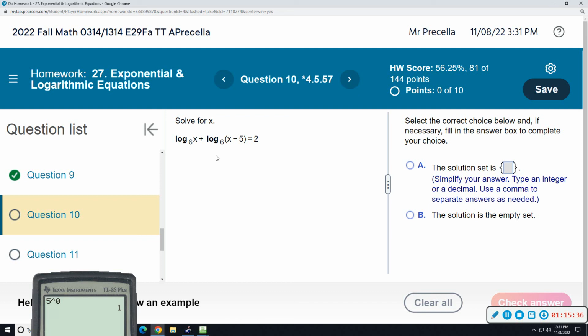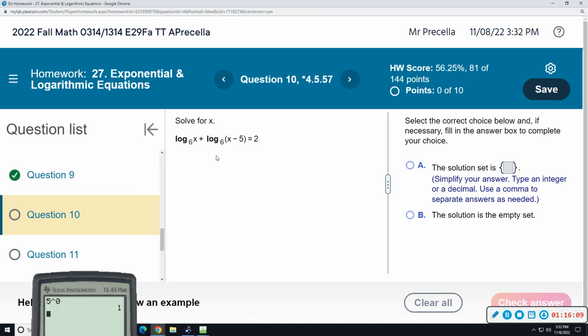Well, we already have 2 logarithms on the left and a number on the right, so just condense this down to 1 logarithm. And hopefully you see how this one differs from number 9. It didn't say log 6, log 6. Okay? We have 2 separate logarithms.